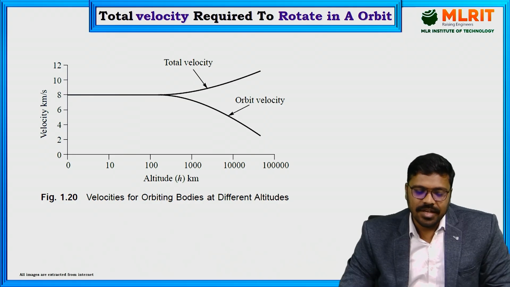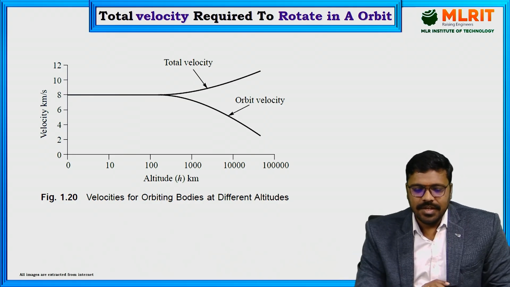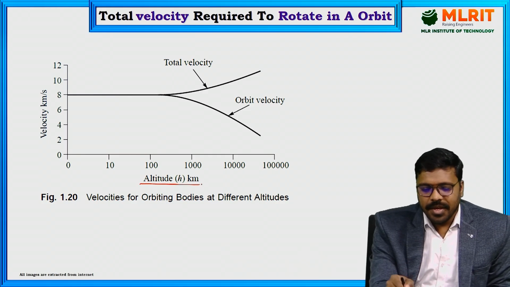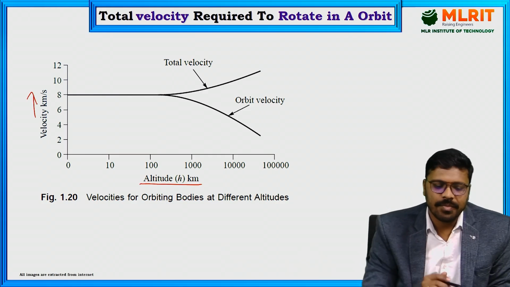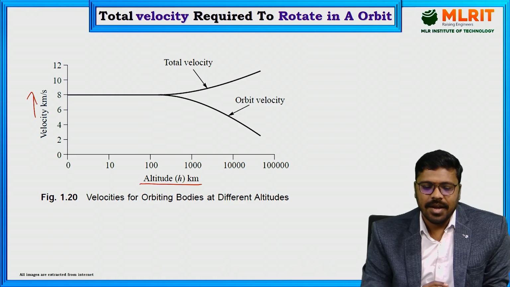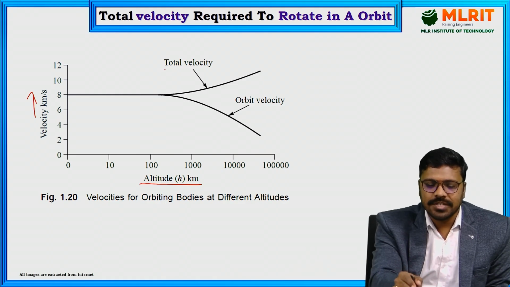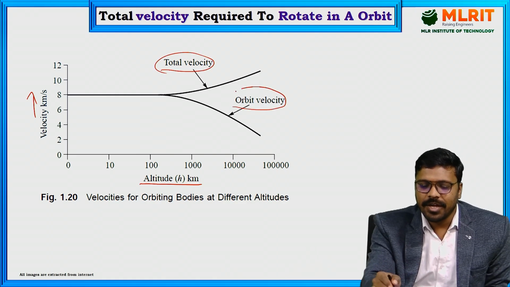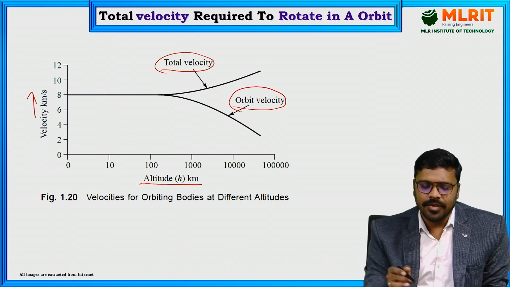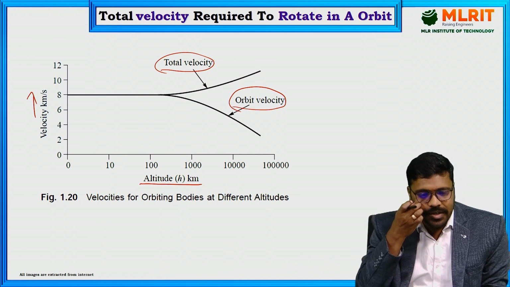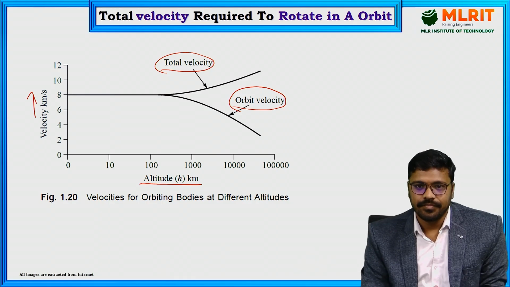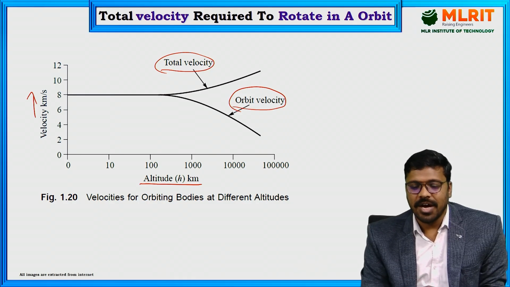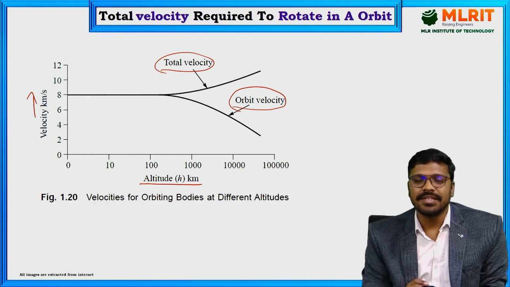And this is the graph. You can see altitude on the x-axis in kilometers and velocity in kilometers per second on the y-axis, and you can observe the graphs of total velocity required and orbital velocity. If you observe the equation of total velocity, the total velocity varies with the radius of the orbit, and the orbital velocity actually decreases with the radius.